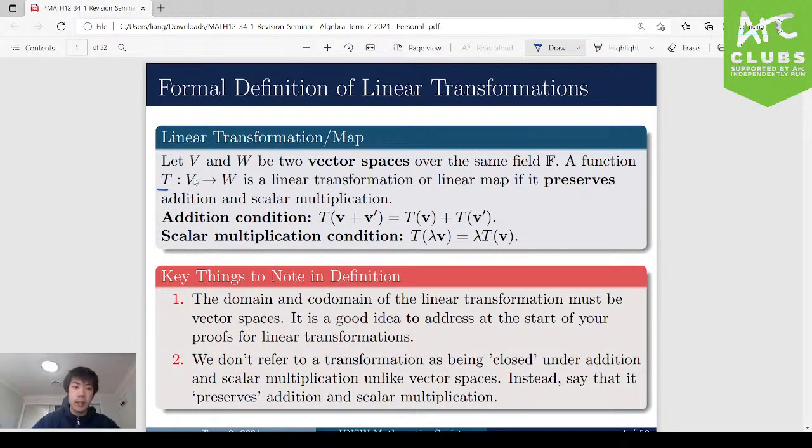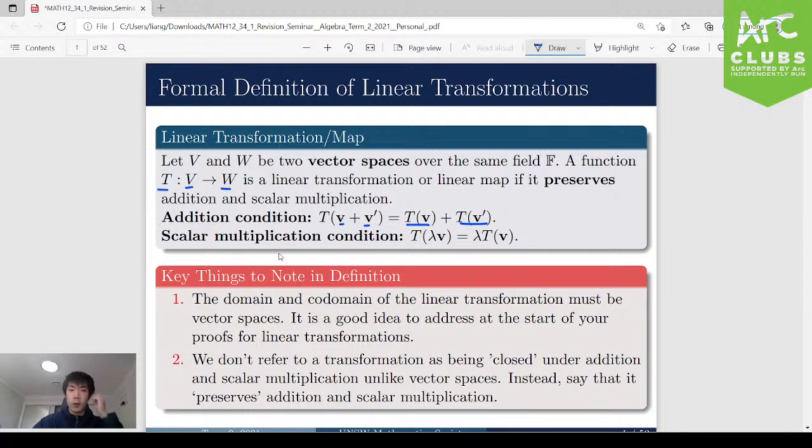In order for this mapping T from V to W to be a linear transformation, it needs to preserve addition and scalar multiplication, which means it has to satisfy this addition condition, where if V and V dash are vectors in the domain V, after you evaluate T, you have to be able to rewrite it as TV plus TV dash, where TV and TV dash are elements of your codomain W.